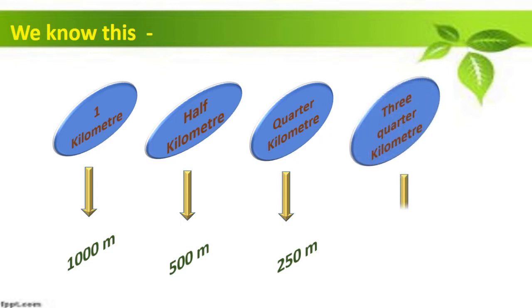You know that half kilometer plus quarter kilometer gives us 3/4 kilometer. So 500 meter plus 250 meter gives us 750 meter. That is nothing but 3/4 kilometer. Isn't it? Yes, we know this.